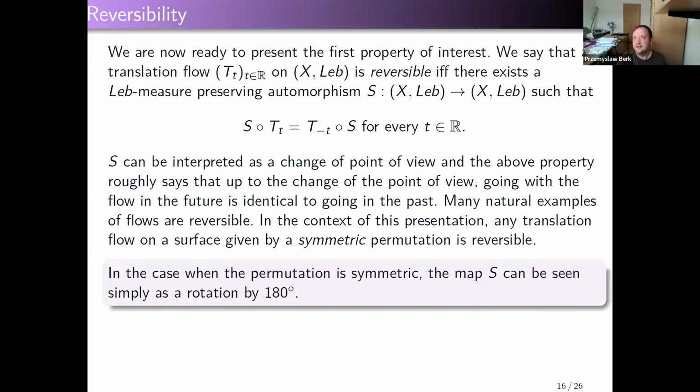Then it's very easy to see that the forward flow and backward flow are isomorphic, because it's just a rotation by pi.